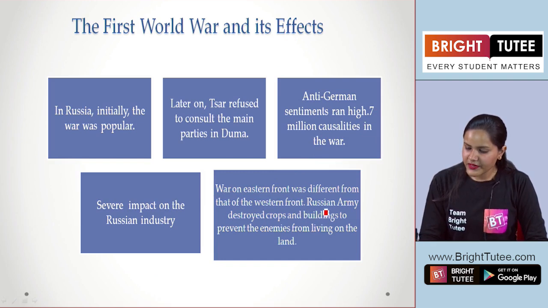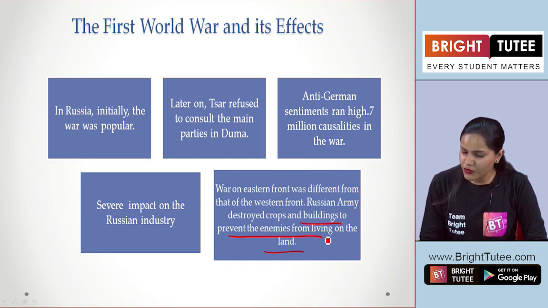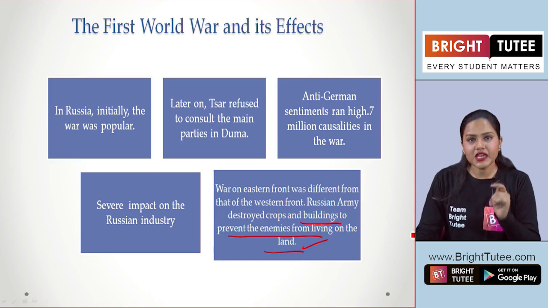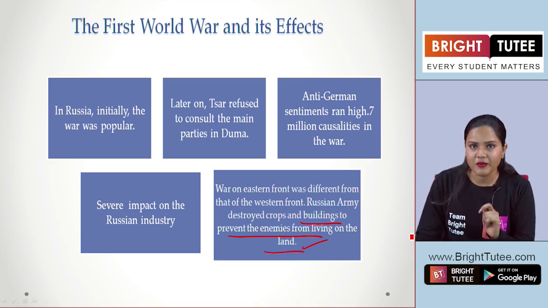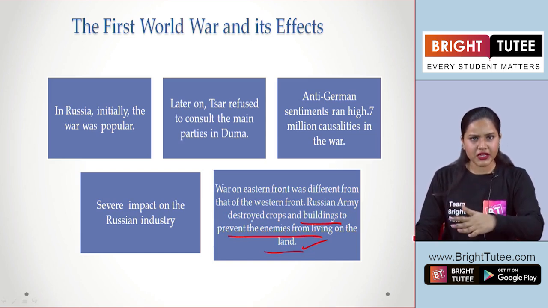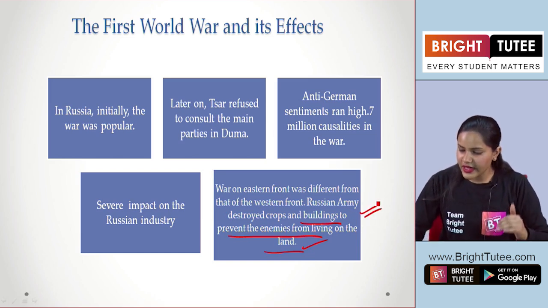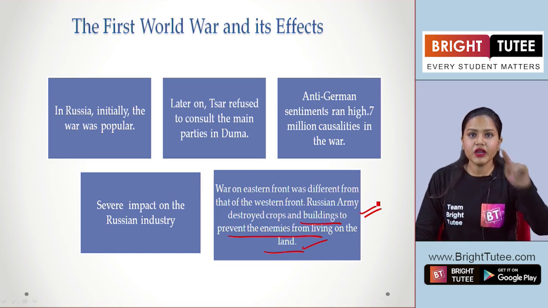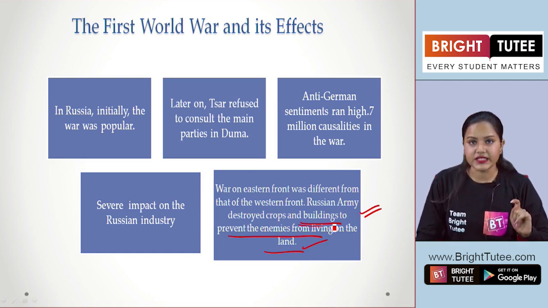Apart from this, the Russian army also destroyed crops and buildings to prevent the enemies from living on the land. Now here you see the tactic that was being followed by the Russian army. While they were attacking the enemies, what were they doing? On their way, they were destroying all the crops and buildings. Why?